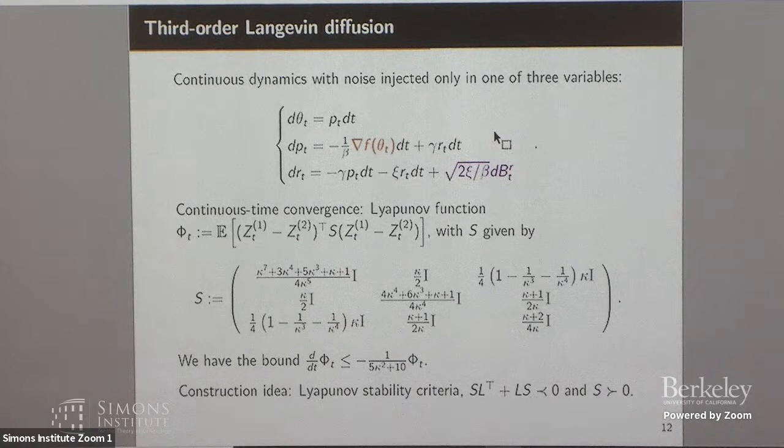This is a 3D dimensional diffusion for D-dimensional sampling. Essentially, this theta depends on this P process. But to compute the P process, you need to compute the integral of the gradient of f. This P process does not have any Brownian motion directly injected into it.